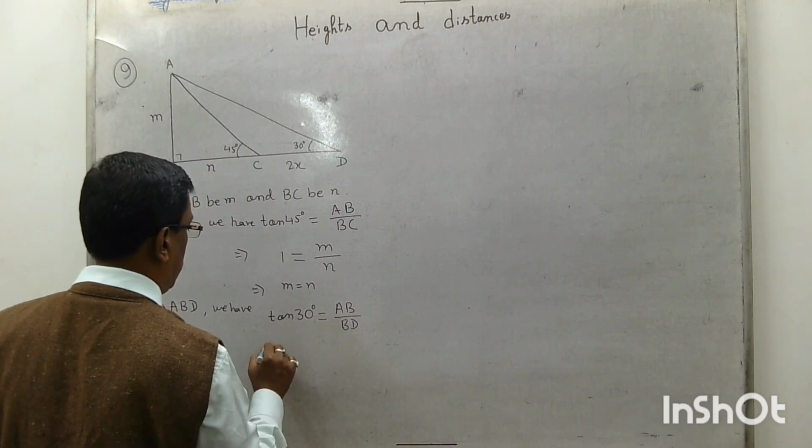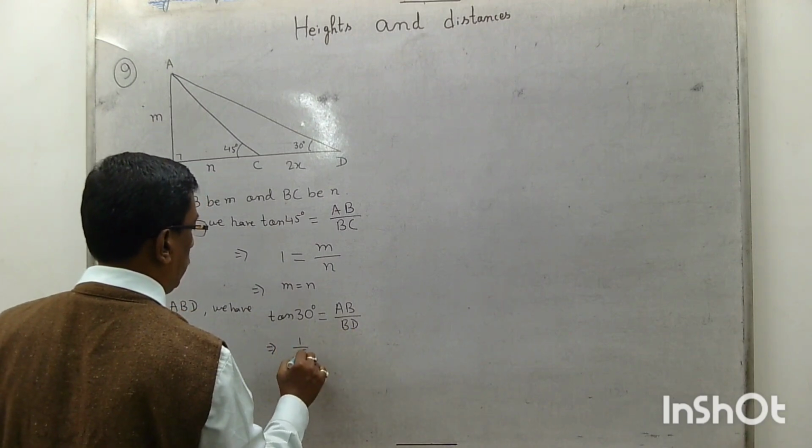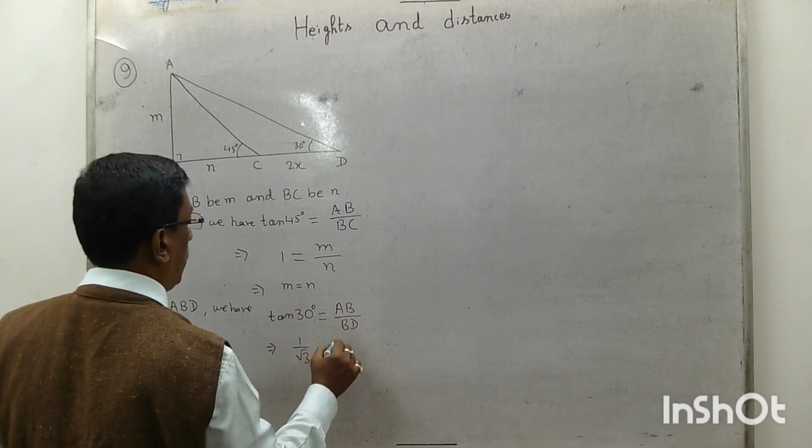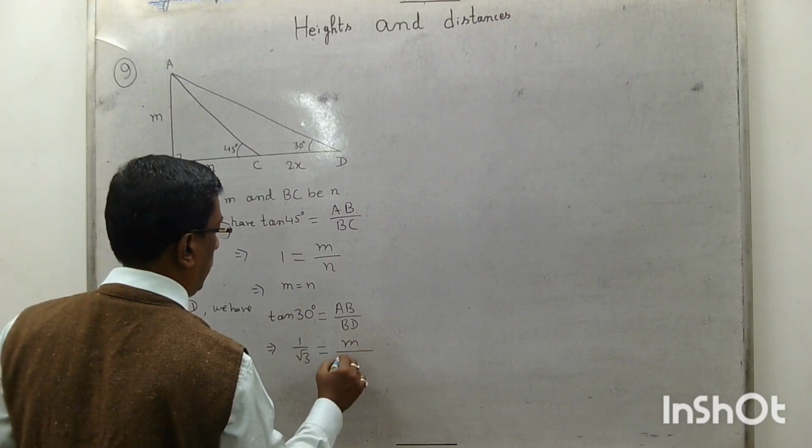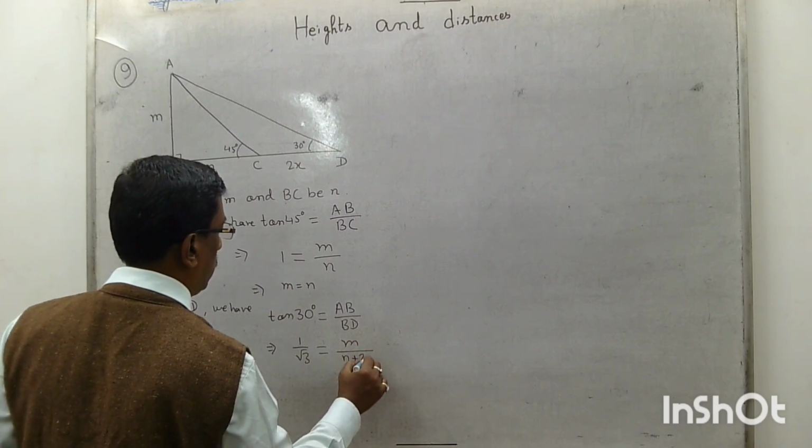That means 1 by root 3 equals to M by N plus 2x.